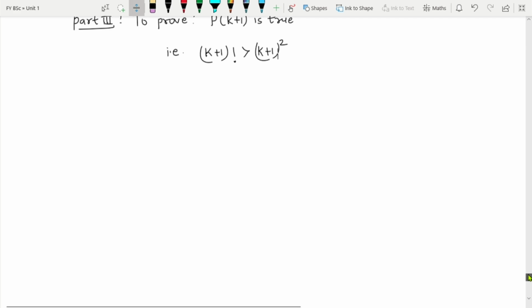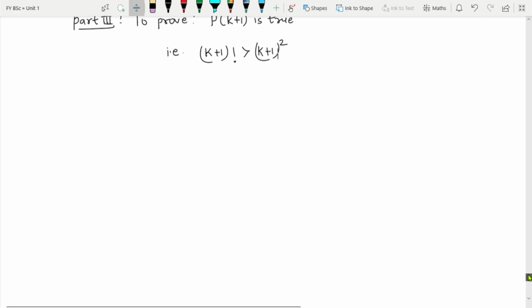So therefore k plus 1 factorial is greater than, if you put that k square inside, k cube plus k square. But note, what we want to show is that k plus 1 factorial is greater than k plus 1 square.